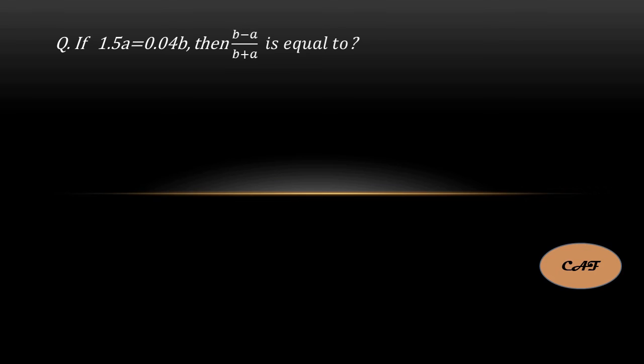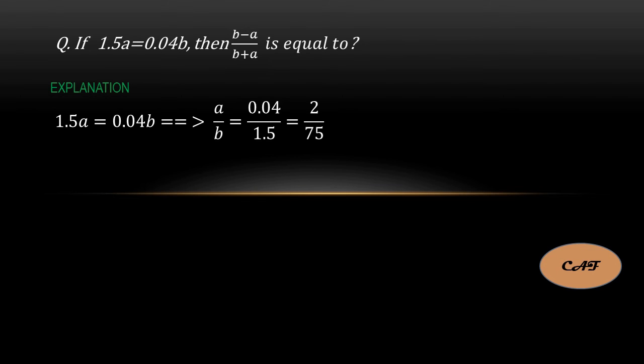Okay, we'll see this problem. So 1.5a is equal to 0.04b. So I am taking b to the left side, a by b is equal to 0.04 divided by 1.5. If you multiply 100 on numerator and denominator, you will get 4 by 150. So I am dividing numerator and denominator by 2.